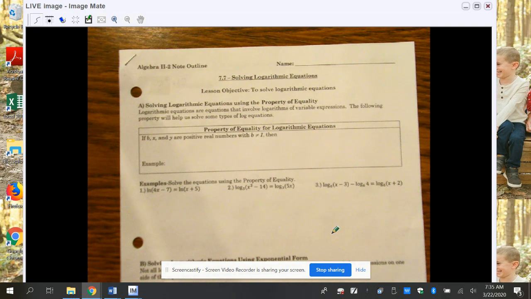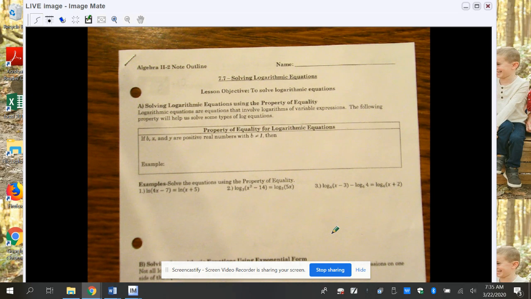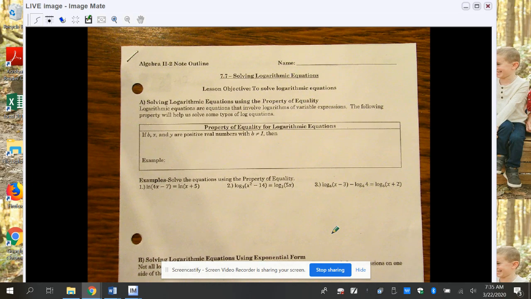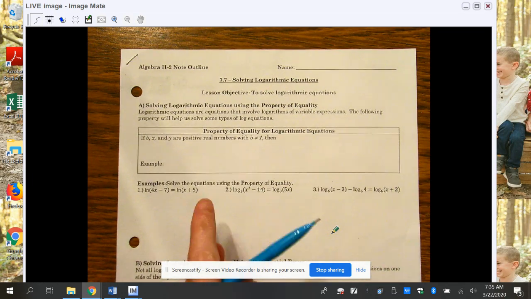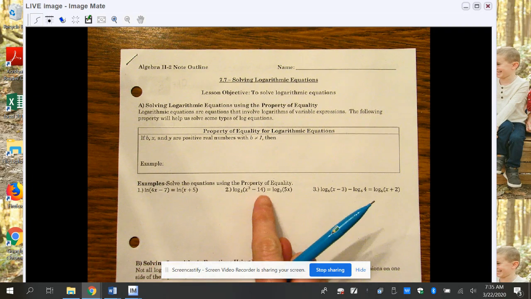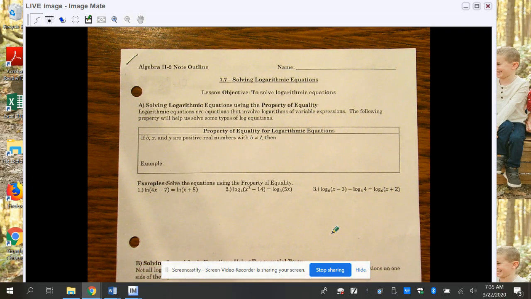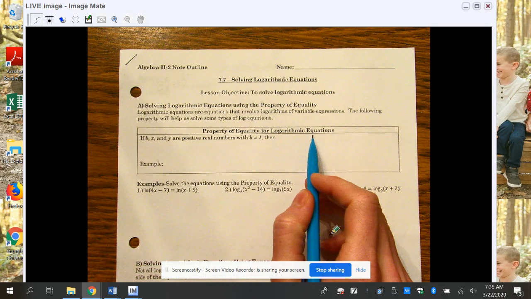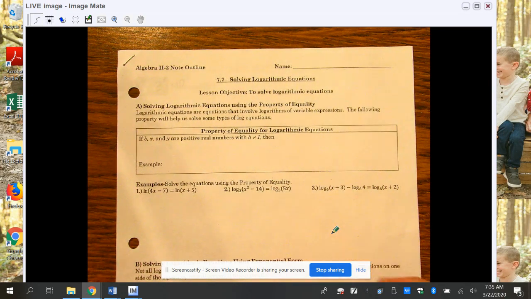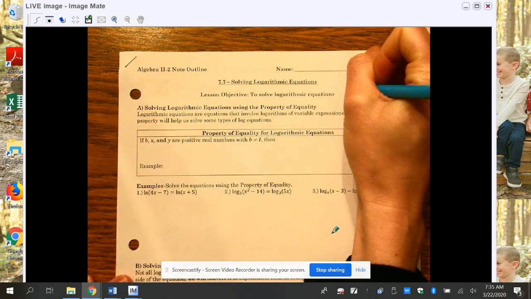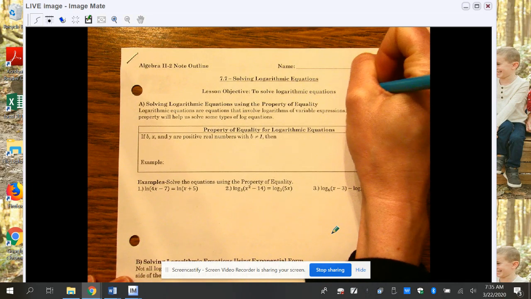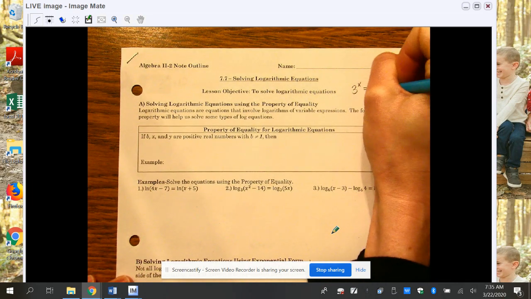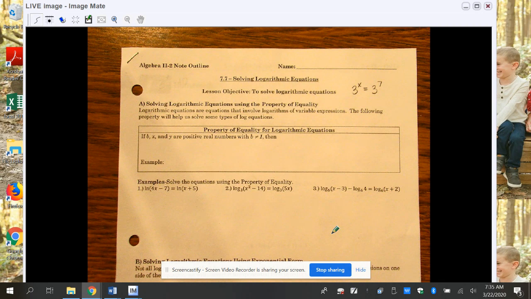A logarithmic equation is when the variable is inside of the logarithm. So anytime you see something like this, this, or this. We did this when we were talking about exponential equations. I started that off by saying, if I told you that 3 to the x had to be equal to 3 to the 7, what would x have to be?